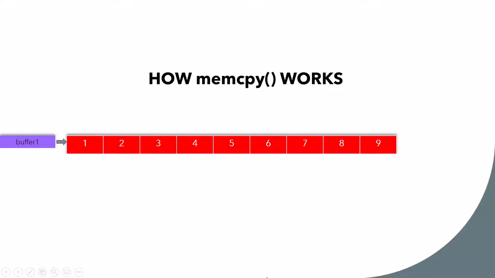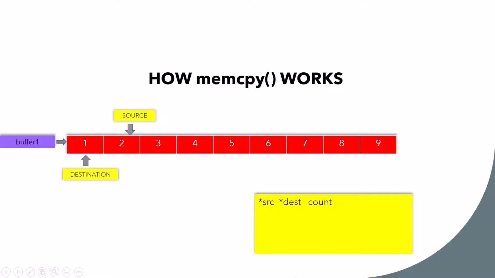We need to understand how memcpy is defined in the standard library versus how memmove is defined in the standard library, just to understand the difference in how they work. So we have buffer 1, 9 bytes, and we know memcpy takes 3 arguments, source, destination, and count.